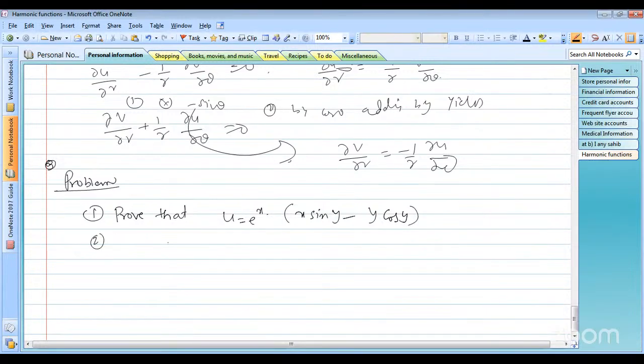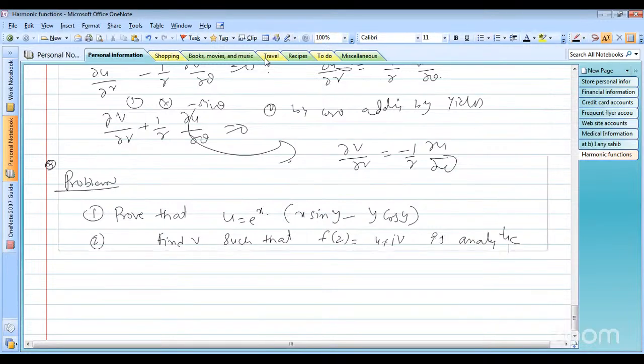Then second, find v, such that f of z is equal to u plus i v is analytic.